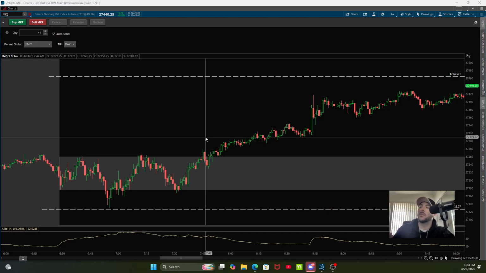What we're looking for is the pullback into the high, or into the vicinity of that ORB high. Since we've broken out to the long side, we need to find that stalling out process where price action starts to pull back and you see the buyers automatically step in to push this higher. And that doesn't really come until right about here.